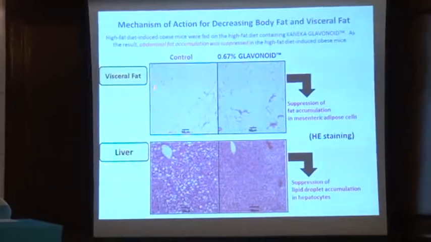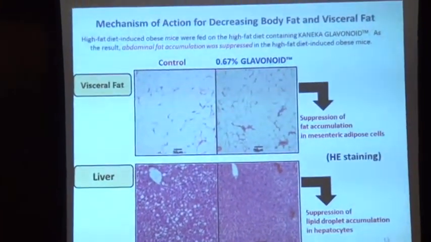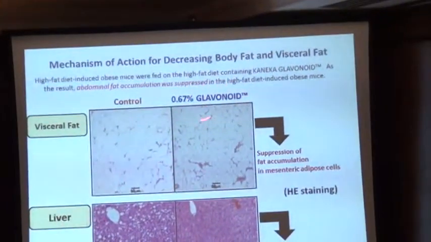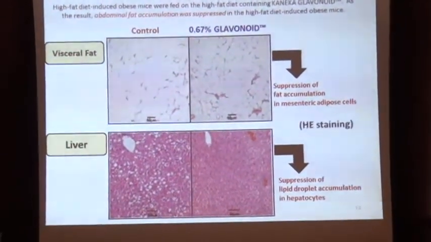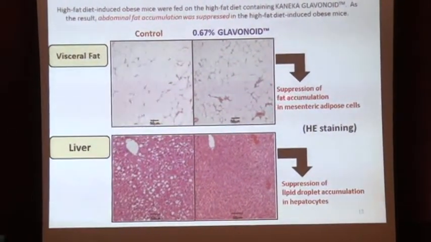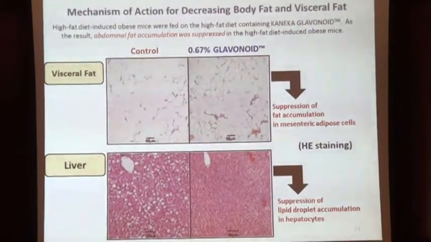As you can see here, in the control group with only high-fat diet, the size of visceral fat was twice as large as normal. On the other hand, in the flavonoid group, the size of visceral fat is normal. So it means flavonoids suppress fat accumulation in the visceral fat cells.